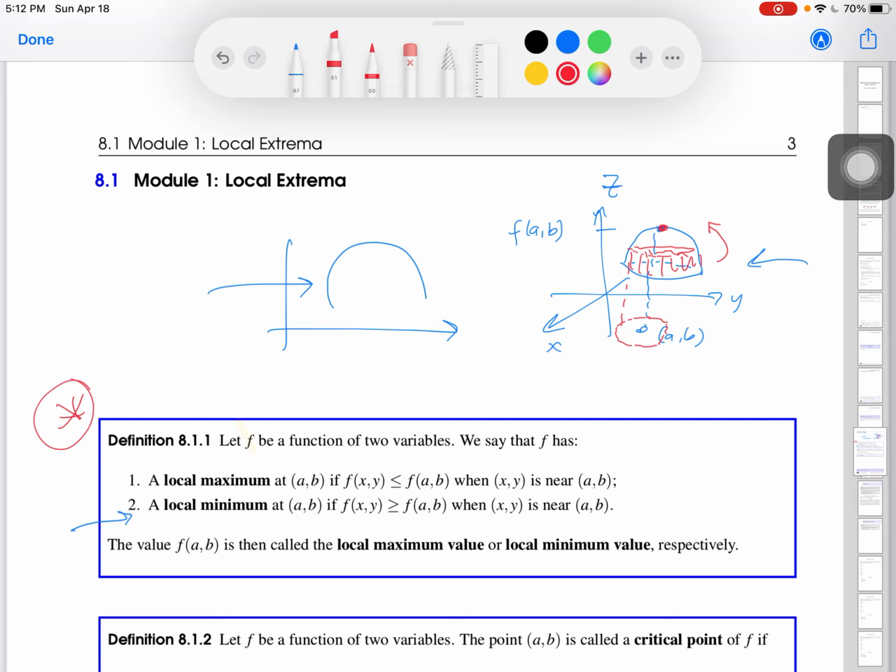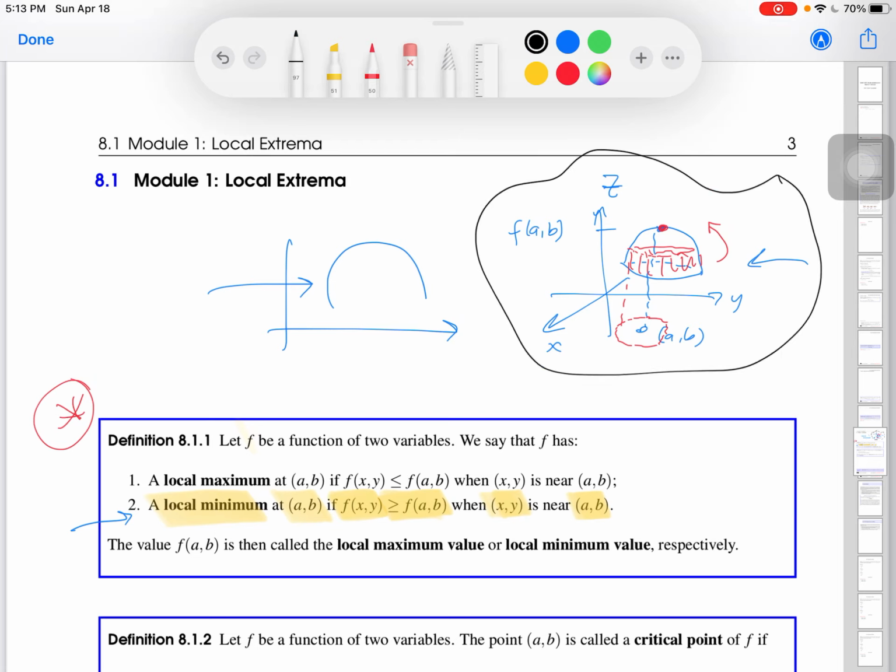So if I am looking at a local minimum at a point, we are going to define that to mean that the values, when you're near that point (a,b), are bigger than or equal to f of (a,b). I actually wish that the iPad could do this. I'm not sure if it can. I've tried but failed.